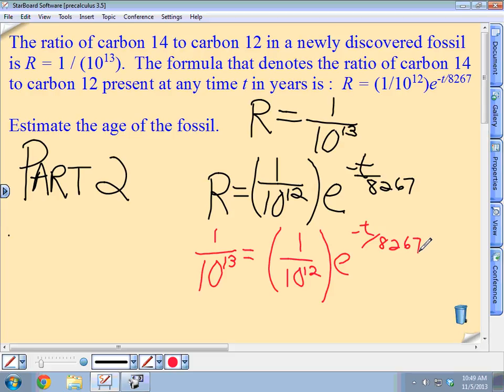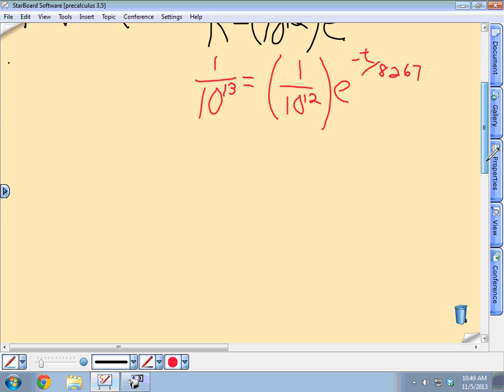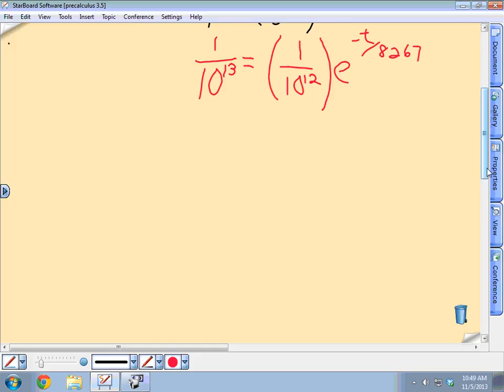Divide by 1 over 10 to the 12th. Or multiply by 10 to the 12th, to get rid of this one over here. That's easier, because you're just multiplying by this number here.